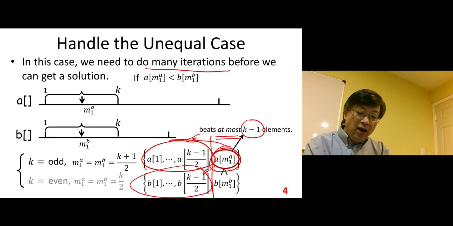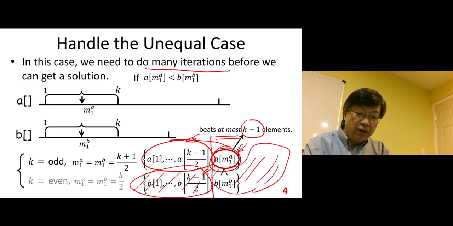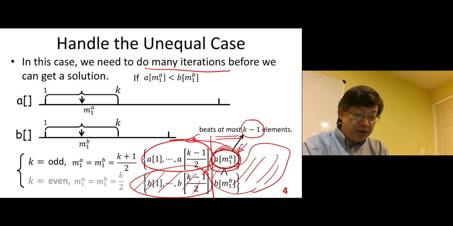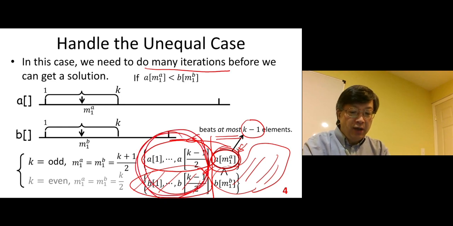Other than this part, for the remaining elements, this one has no chance to beat any. So that's why we say at the most k-1. These are k-1 elements that it has a chance to beat.